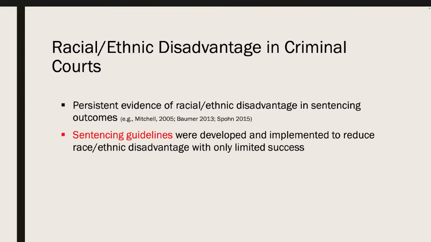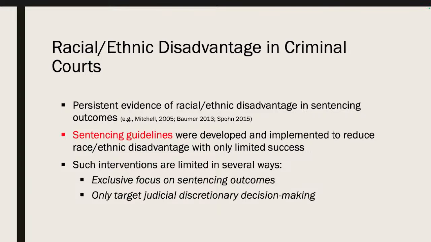Traditionally, the way U.S. courts have tried to handle the problem of disparity, whether it's racial, ethnic, gender, geographic, was to implement sentencing guidelines. And these sentencing guidelines were designed to structure judicial discretion in sentencing outcomes, but evaluations of sentencing outcomes and their effect on disparities have found they have only limited success at best.